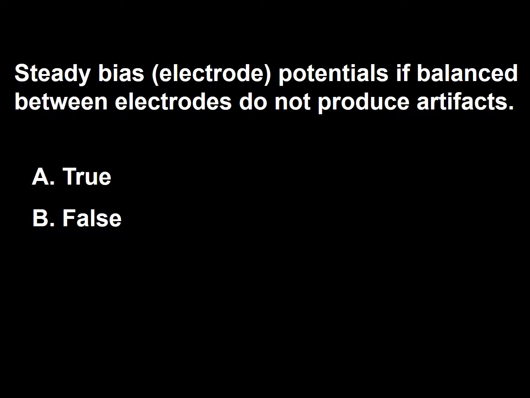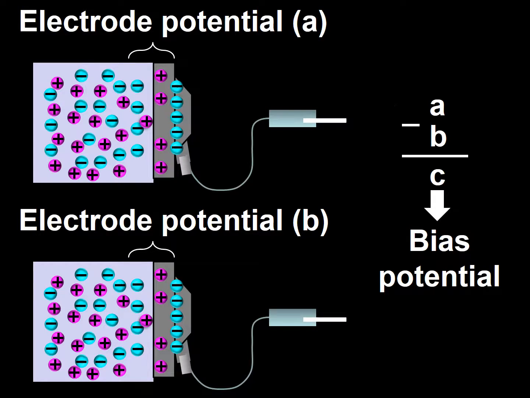Next question: Steady bias potentials, if balanced between electrodes, do not produce artifact. A, true; B, false. I like to address this question by going back to the figure I just showed you before. In this frame, I have represented bias potentials as a mathematical operation.